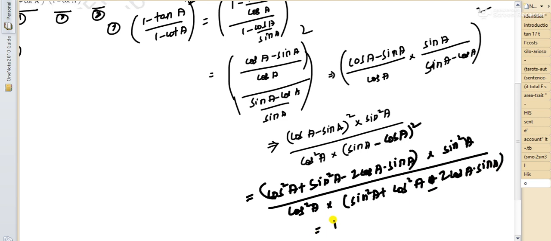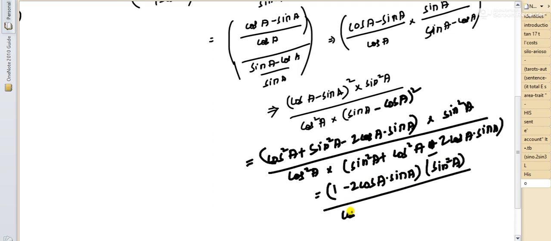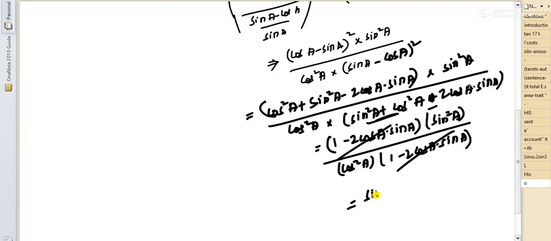So these two are equal to 1, right? Sine square a plus cos square a is 1 minus 2 cos a into sine a, whole multiplied with sine square a by sine square a, that's all. And here it is cos square a into, if you see again this is 1, so 1 minus 2 cos a into sine a. Now these two are same, so they will get cancelled. You'll get sine square a in the numerator and cos square a in the denominator, which is equal to tan square a. Now that is again equal to third one.